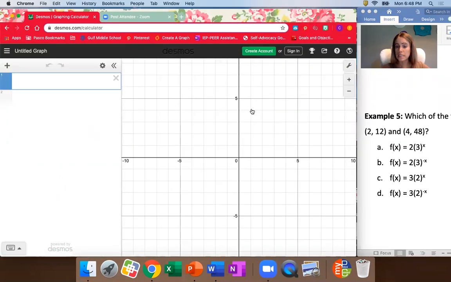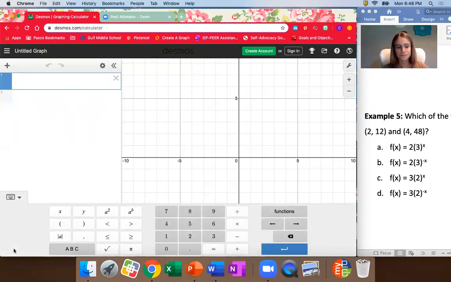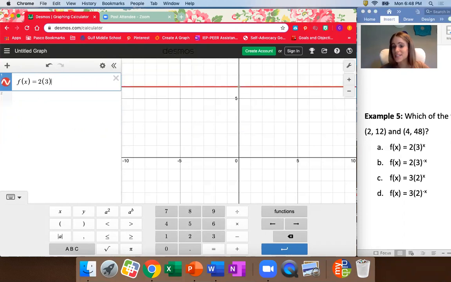Now when you're on Desmos, please make sure you open up the little keyboard editor down here. We already checked the first one, so we know that one doesn't work, so we might as well go ahead and check B. So f of x is equal to 2 times 3. Now see how we have an exponent of a negative x.